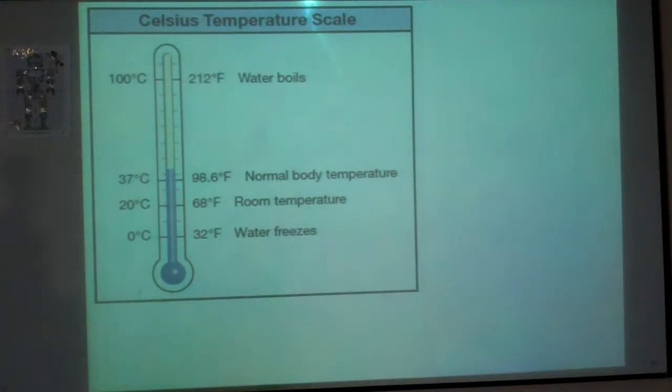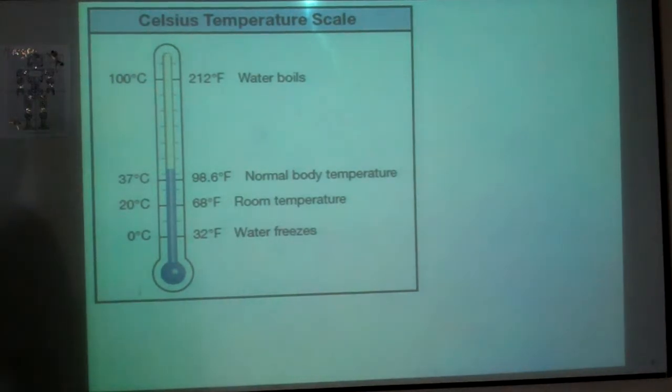Alright, I believe this is our last one. And we're doing okay on time. So we also have a temperature scale for the metric system. And we can also see that on our side here, in Fahrenheit, this is what we use. But, you know, we use both of them as well. So, their Celsius temperature scale, we use Fahrenheit.